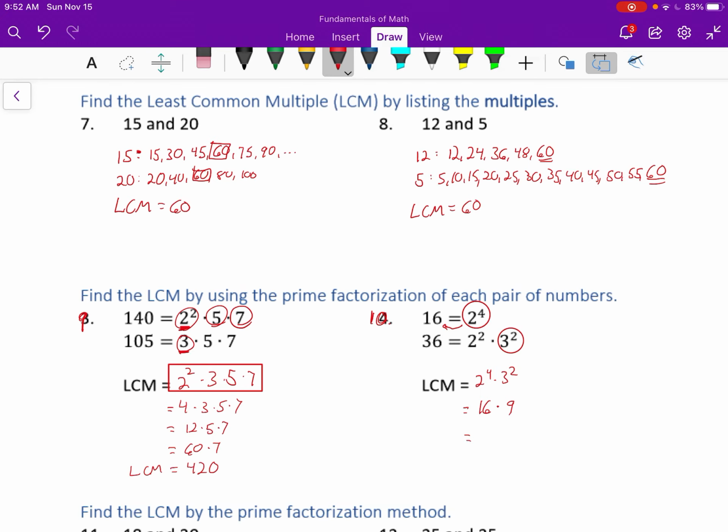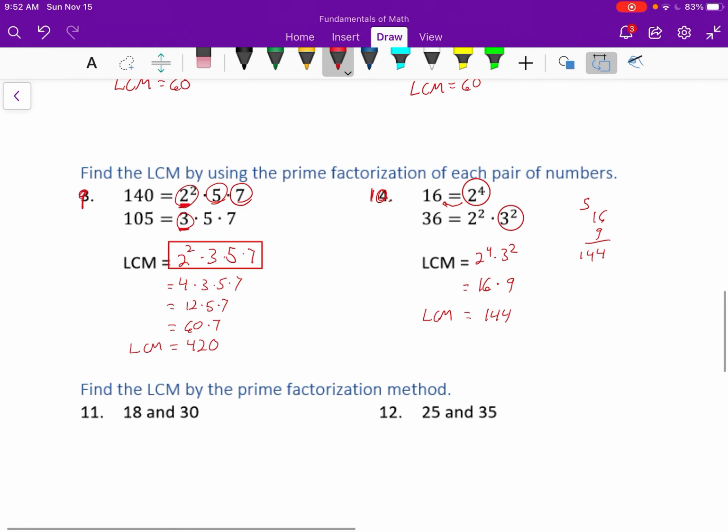And then we just multiply those together. 16 times 9. 9 times 6 is 54. So 4 add the 5. 9 times 1 is 9, plus 5 is 14. So we get 144 is our least common multiple for 16 and 36.